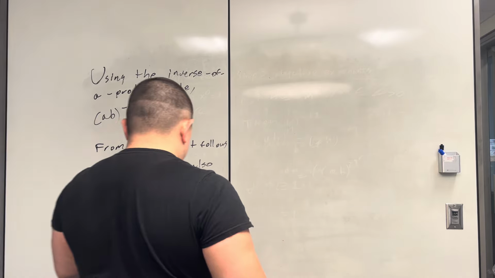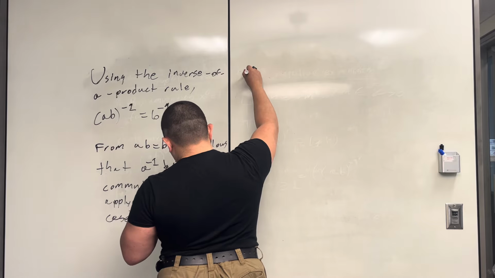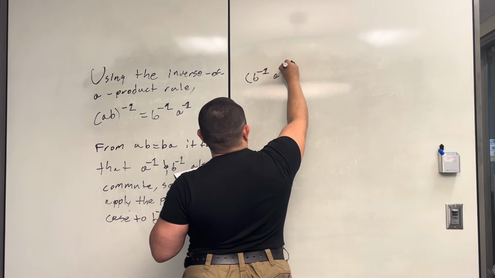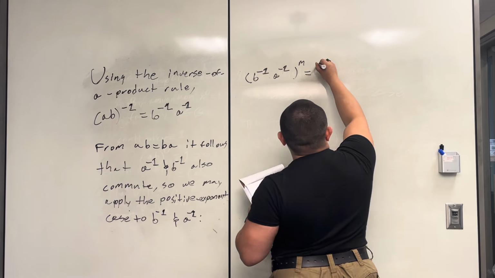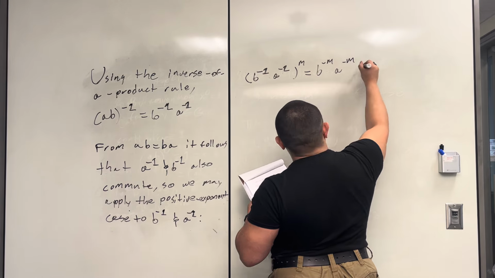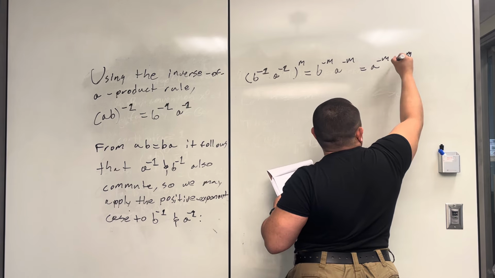Well, that gets us that (the inverse of B times the inverse of A) to the power m is equal to B to the negative m times A to the negative m, which is equal to A to the negative m times B to the negative m.